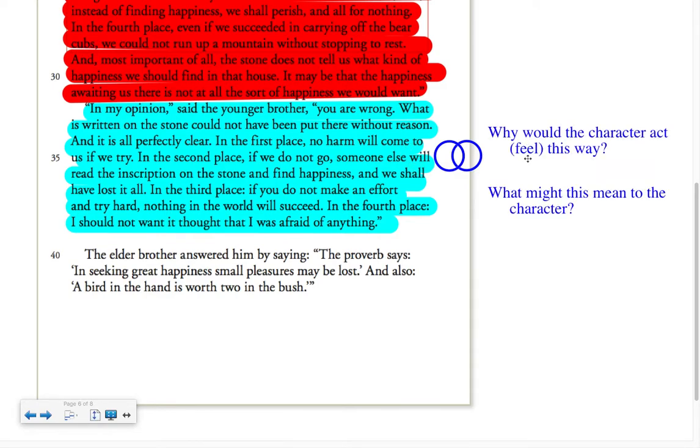So I stop and ask, why would the character act this way or feel this way? What might this mean to the character? Well, what this means is that the two brothers have two different ways of approaching life. One thinks that you should be cautious, the older brother. The other one thinks that you need to take the risk to find the happiness. And that's the younger brother.